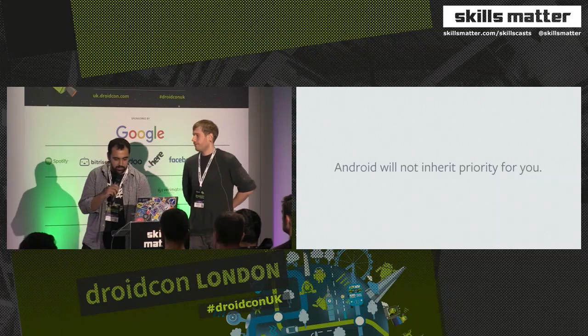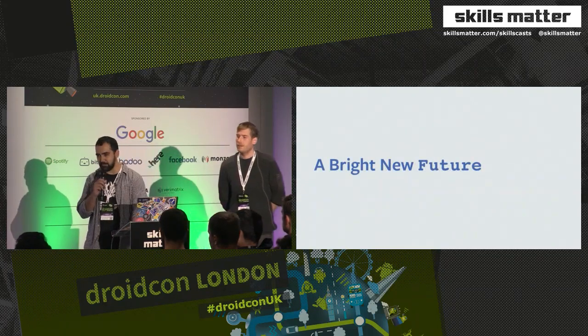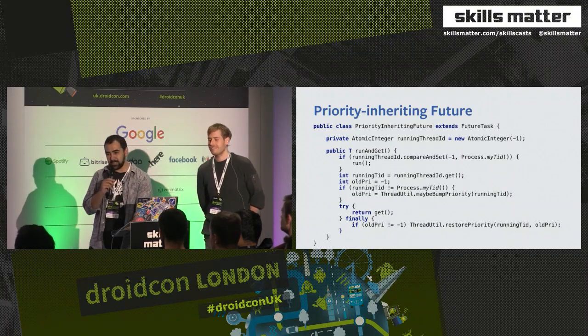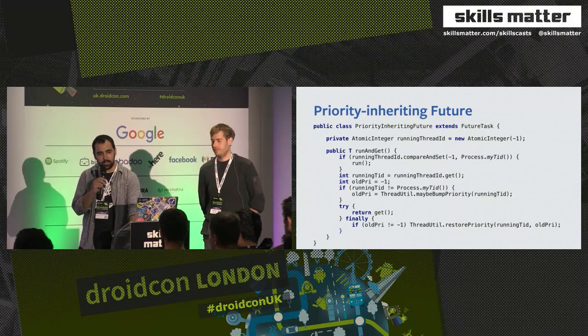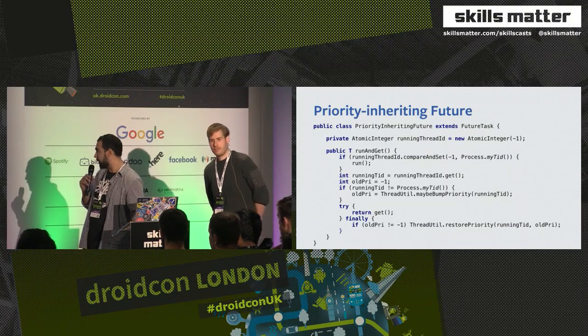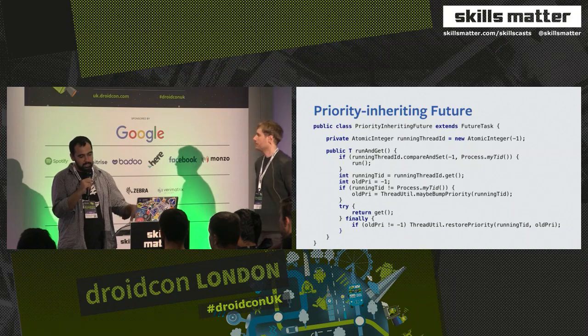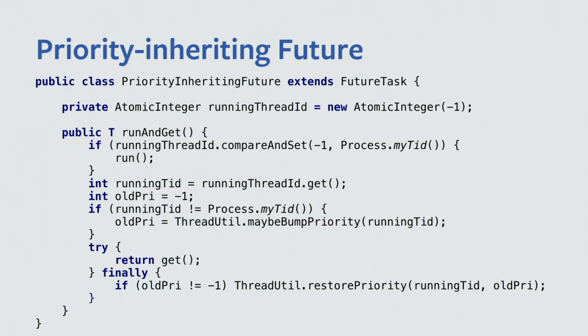So once we noticed this problem with futures, we went and implemented a bright new feature. Sorry, terrible joke, I know. The idea here is pretty simple. Whenever a thread is about to lock on another thread to get the result of a future, we check the priority of the thread that is about to lock, and if the thread currently executing the future has a lower priority, we raise the priority of that thread so that it now has the same priority as the thread locking on it.